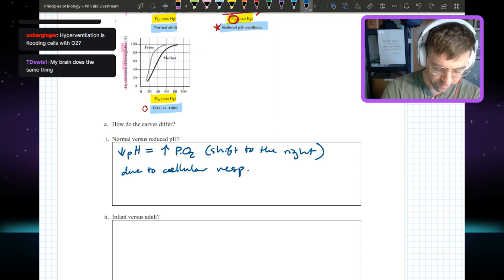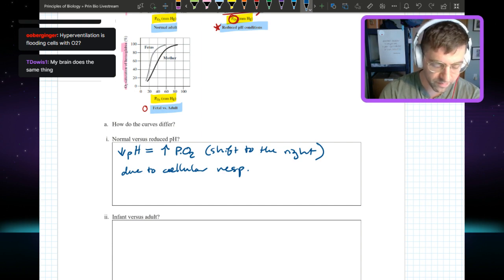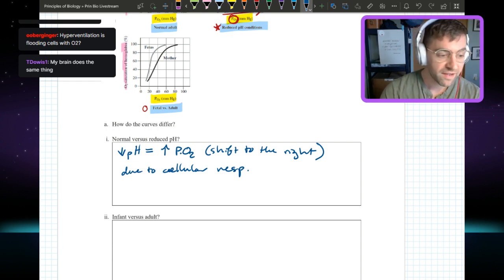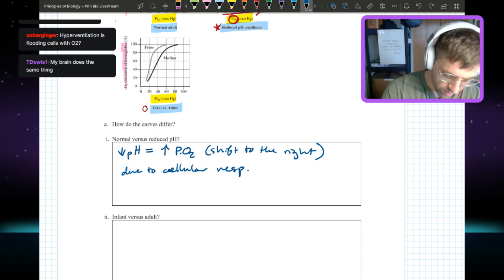So let's take a look here. Our dark line is the mother, the adult, and the gray line is our fetus. So infant, I guess. The adult hemoglobin here is becoming completely saturated with oxygen. That is, it's carrying as much as it can at a partial pressure of approximately 100 millimeters of mercury. We're kind of extrapolating what that curve is going to look like.